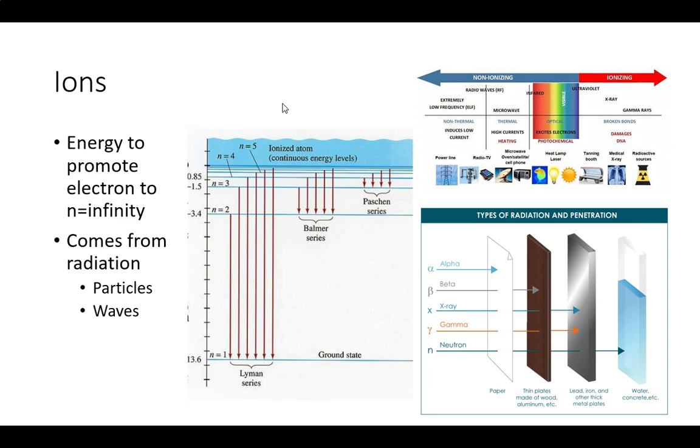Anybody know about where 13.6 falls? UV. Yeah, it's pretty close actually in the UV spectrum. So this isn't too surprising. When you deal with radiation damage, what's the most common radiation damage people will know of? Sunburn.